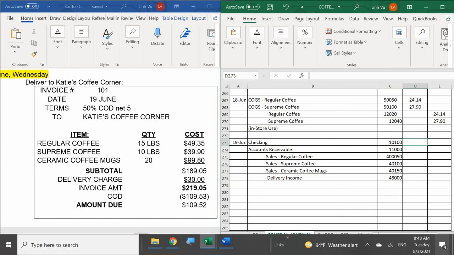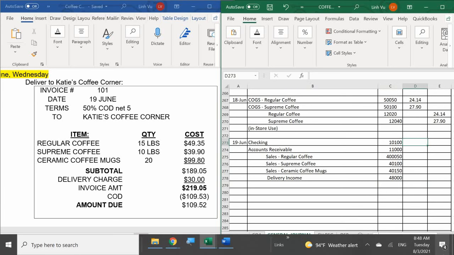Okay. So then let's go ahead and plug in our numbers. How much cash did we receive? $219.05, it looks like. But then once again, it's 50% COD. So how much do they owe me?